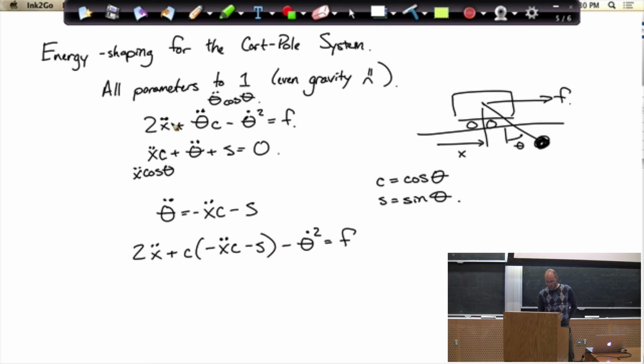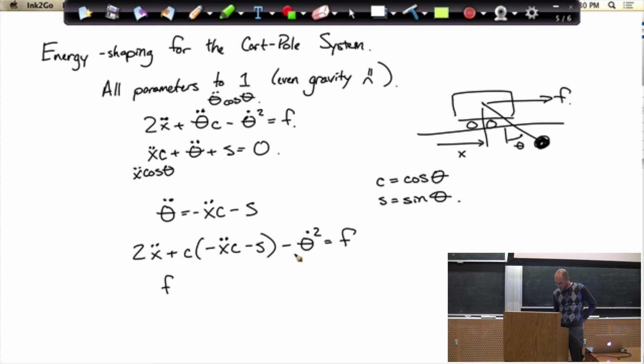But the big idea here is not where the C appears, but the fact that I can use that constraint equation to write down the dynamics, the acceleration of the cart, purely as a function of the force coming in and the current state of the system, right? So if I want to control x double dot directly, I could do that, right? Let's say I have x double dot desired.